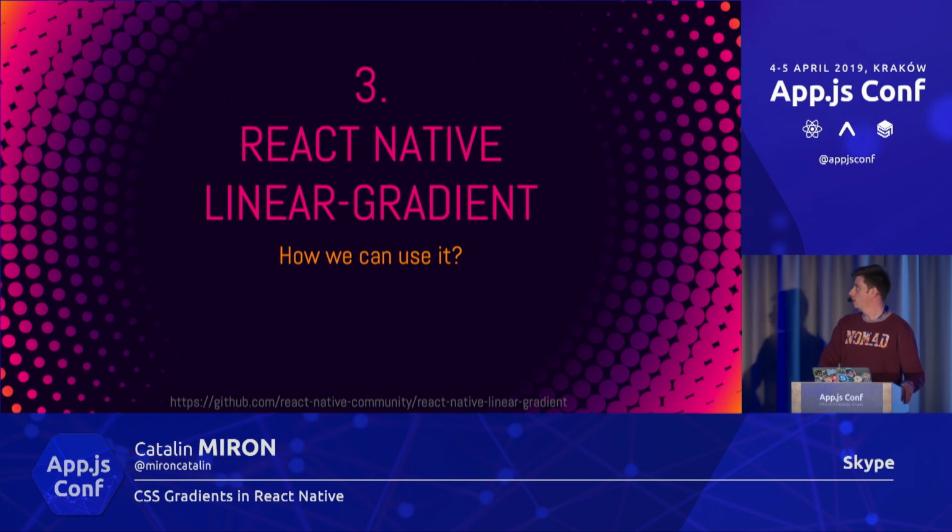And this is also available in Expo SDK. So if you're using Expo, you can import the linear gradient directly from Expo SDK. You don't need to eject and link the React Native library. And I'll be using linear gradient for my upcoming slides.